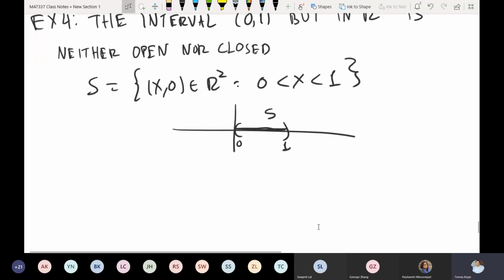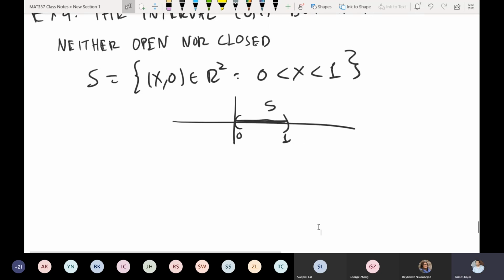So why is that? Take, for example, x0 equal to (1/2, 0).